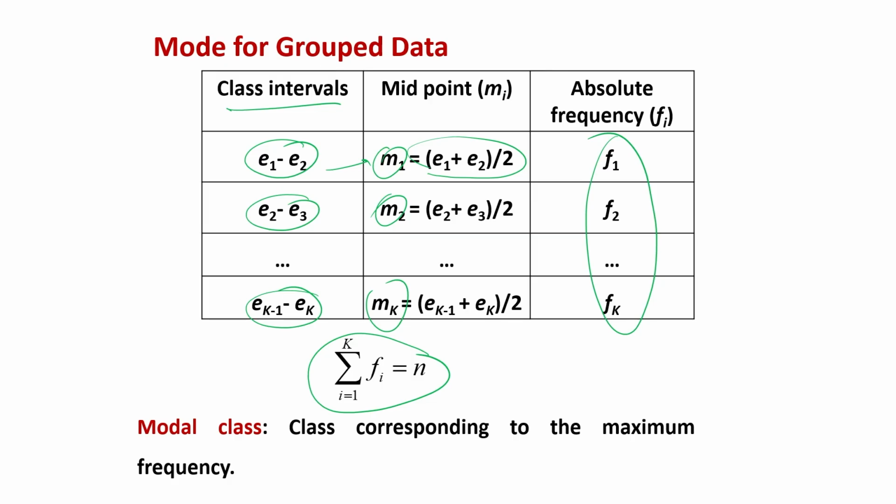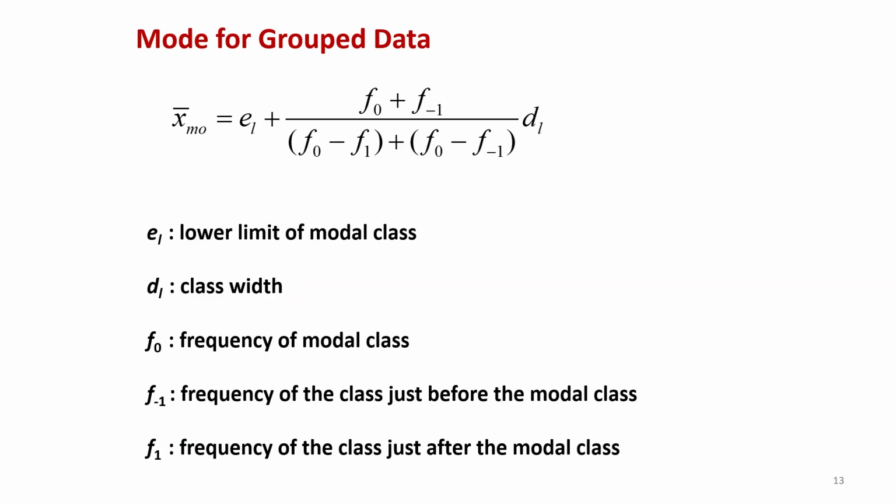And the way we obtained the median class when we found the median of group data, similarly we find the modal class. The modal class is the class corresponding to the maximum frequency. So you simply have to see where the maximum is occurring, and that class will be the modal class. After that, this is the expression by which you compute the mode.